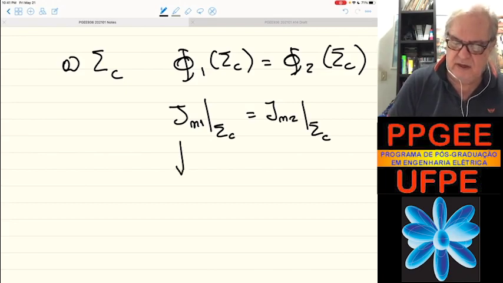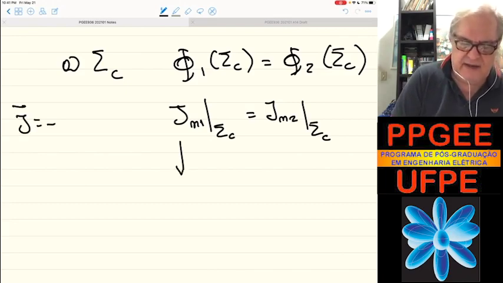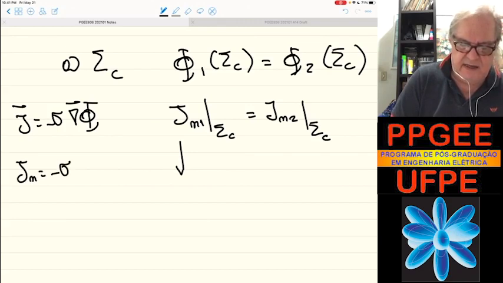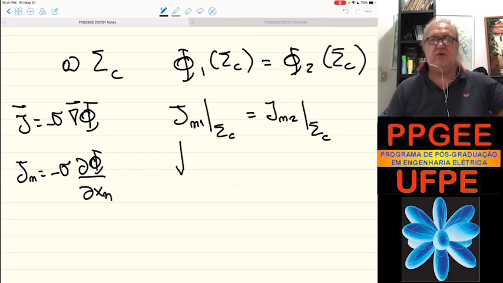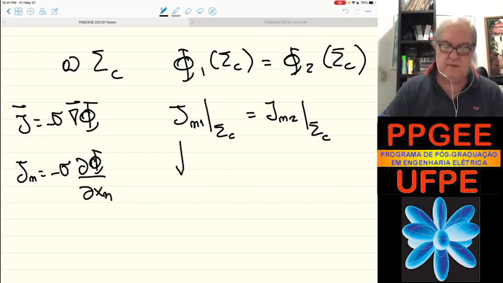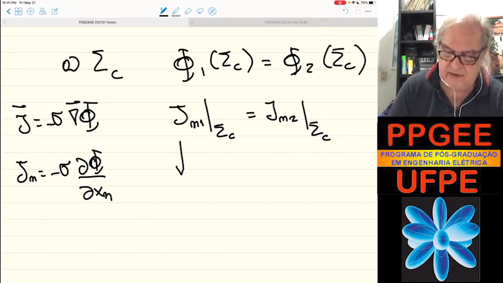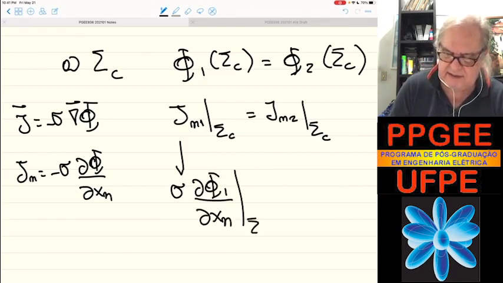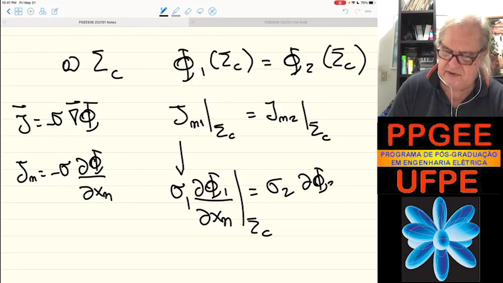But what is J normal? Well, J equals minus sigma gradient of phi. And J normal is minus sigma derivative of phi relative to the normal coordinate. The normal coordinate goes from 1 to 2. So it means that you have sigma 1 derivative of potential 1 at sigma c equals sigma 2 derivative of potential 2 at sigma c.